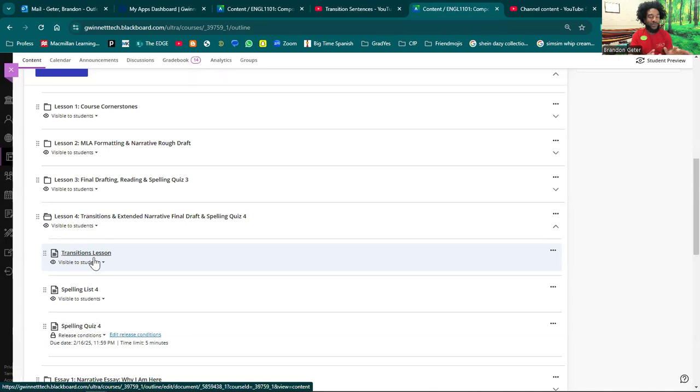We're not going to do those grade school transitions. We're not going to do transition words and transition phrases. No, we're going to do transition sentences. And it's going to make your papers enjoyable to read. People will notice how easy your papers are to read when you have good transitions in them.